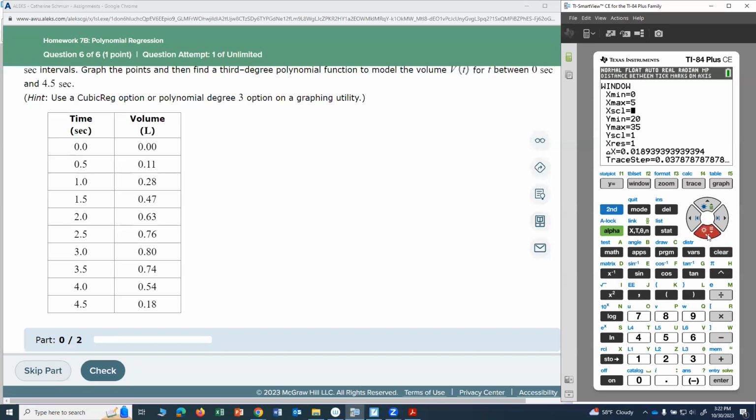And I'm going to make my scale 1. For the y's, notice the smallest y is 0 and the largest y is 0.8. So I might do a 0 to 1 for y, and maybe a scale of 0.1.